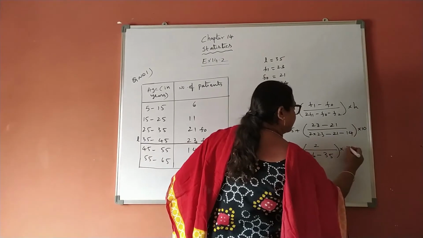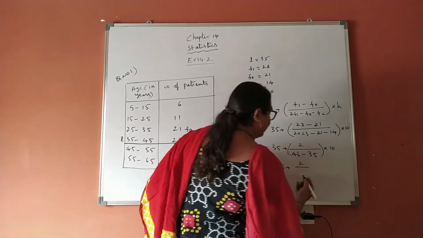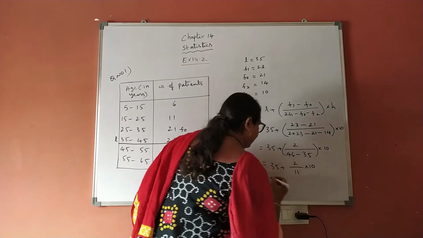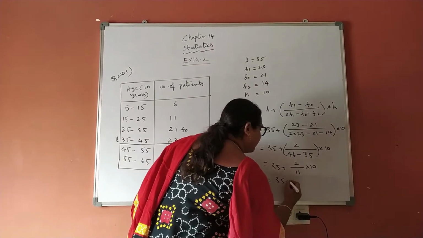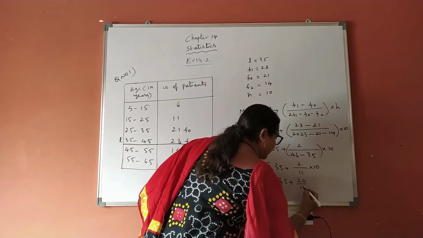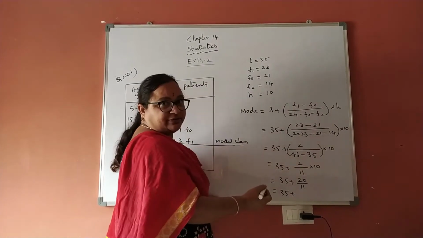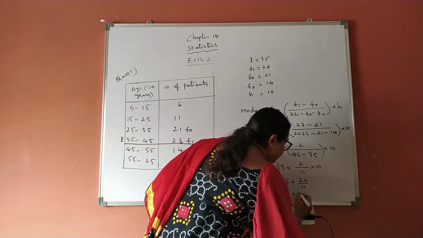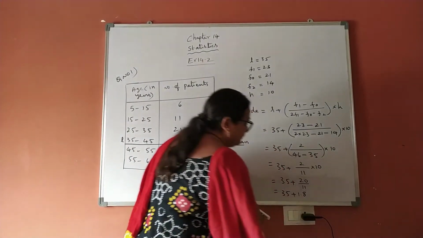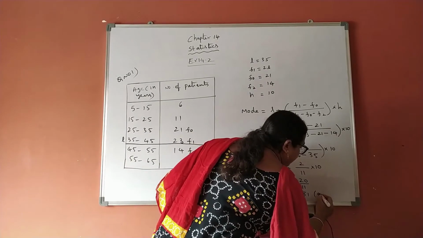into 10. So 35 plus 2 by (46 minus 35), that is 11, into 10, that is equal to 35 plus 2 into 10, 20 by 11, that is equal to 35 plus, now we need to divide 20 by 11, it is 1.81 approx.